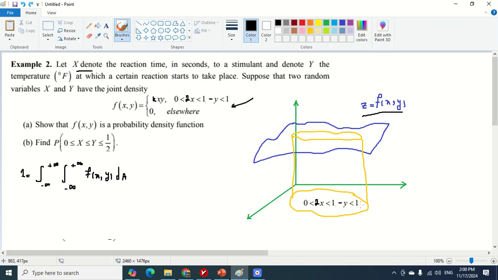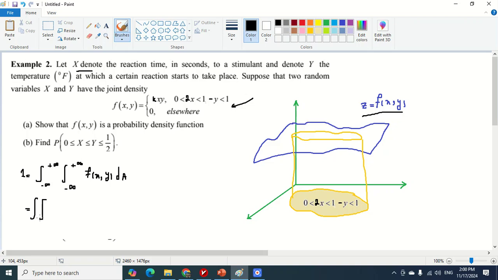Assume that we don't know what that region is at the beginning. We have this region, and over the region the function is defined by z equal to f(x,y), and outside of this region the value of the function is equal to 0. So to calculate the double integral of f(x,y) dA, we need to calculate the double integral of this function over the given region.